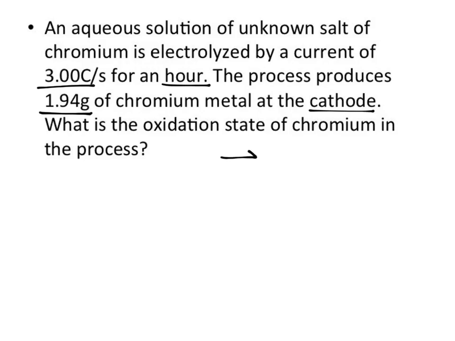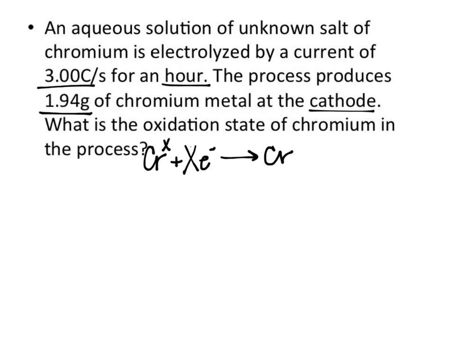So we know that chromium is being reduced. We don't know what its oxidation state is, and whatever its state is, that's how many electrons are going to have to be transferred. So if it's a +2, then we have 2 electrons being transferred, 2 moles. But we don't know what it is. So our goal is to figure out what X is.